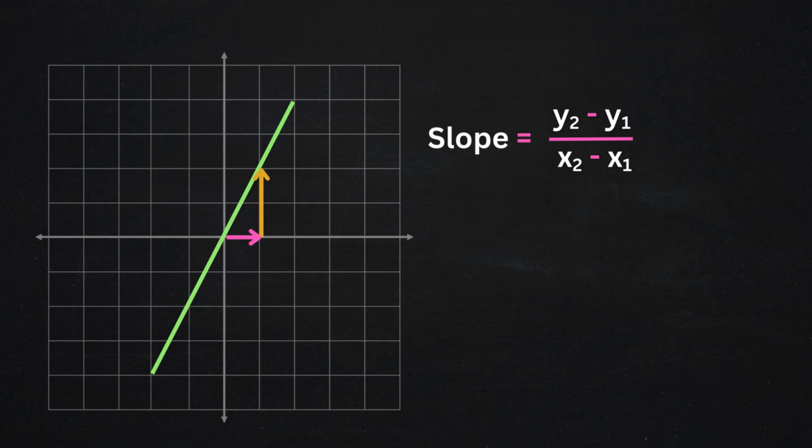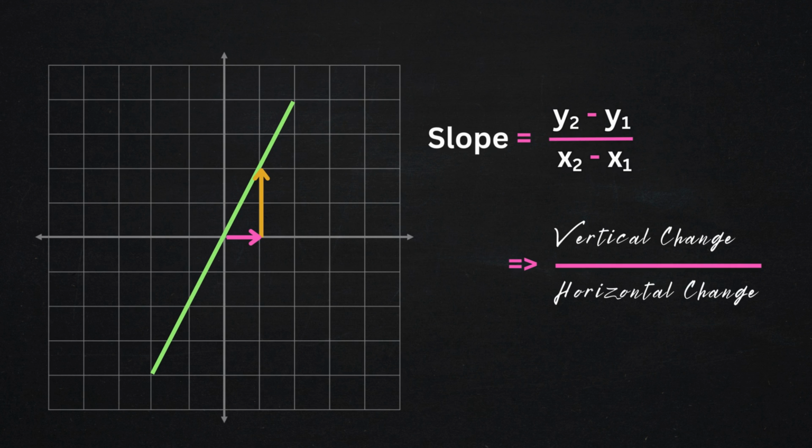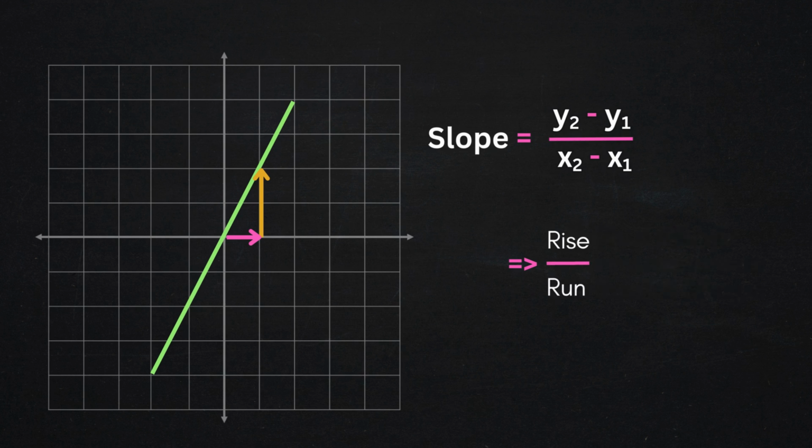This fraction simply means we divide the vertical change by the horizontal change. Sometimes slope is described as rise over run. Here, rise refers to the vertical change delta y, which is y2 minus y1, and run refers to the horizontal change delta x, which is x2 minus x1.